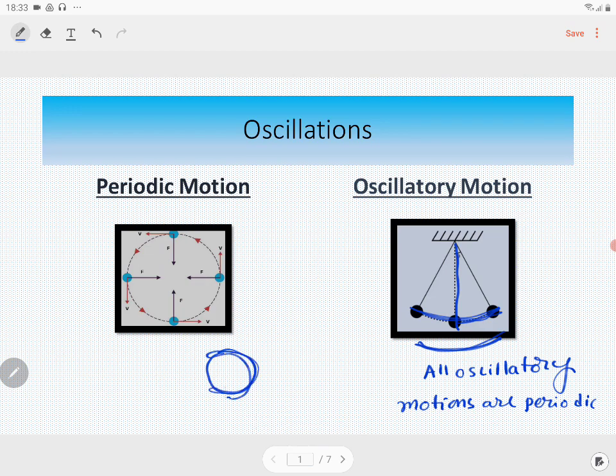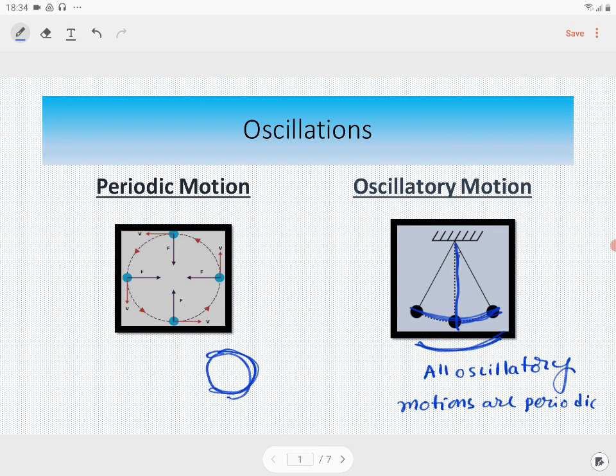It will be revolving in the same sense. Even electrons revolve in the same sense. If a planet, earth or electron completes one revolution, the second revolution also will be done in the same sense. It will not be retracing its path. So all periodic motions are not oscillatory, but all oscillatory motions are periodic.